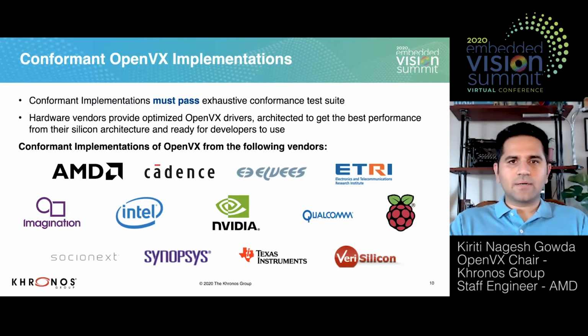So a vendor takes the APIs and implements his own library, runs it across all these conformance test suites, gets the certification, and then the company can say that it is a conformant OpenVX implementation. And these are a few of the vendors who currently have OpenVX implementations. You can see all the major silicon vendors have their own OpenVX implementation.